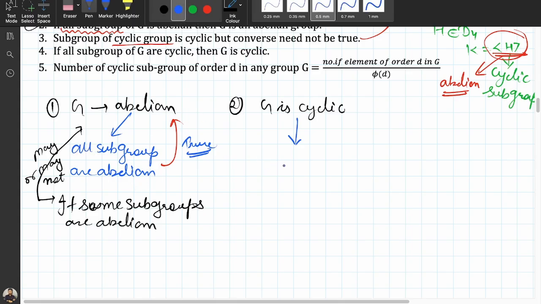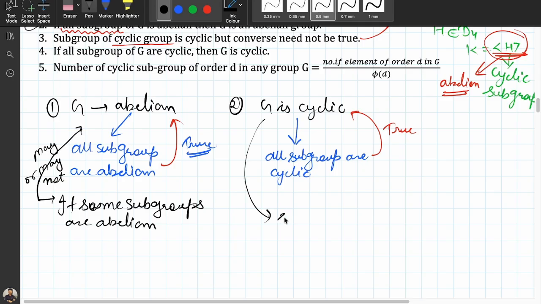And the same thing is here. If all subgroups are cyclic, then the group is cyclic, and this is also true. But what about if some subgroups are cyclic?